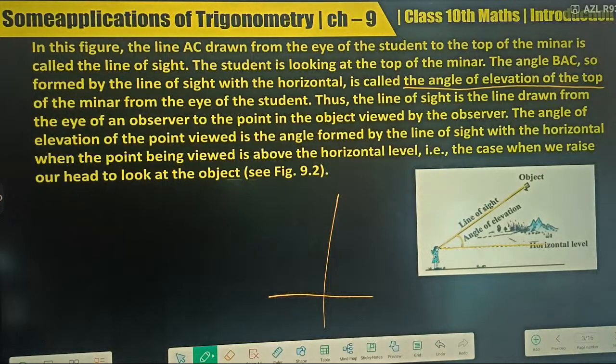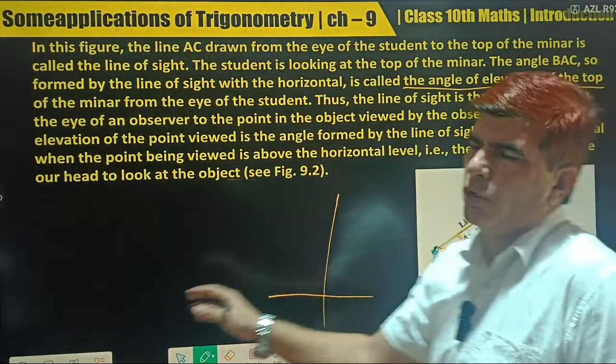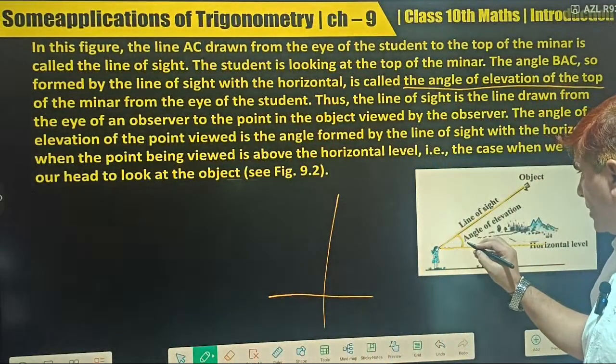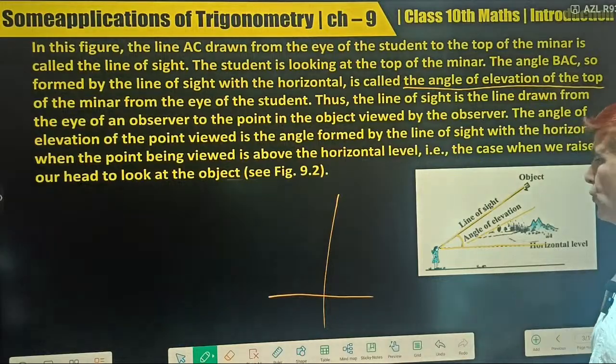The line of sight is the line drawn from the eyes of an observer to the point on the object viewed by the observer. The angle of elevation of the point viewed is the angle formed by the line of sight with the horizontal. That is what I had told you. This angle is known as the angle of elevation.